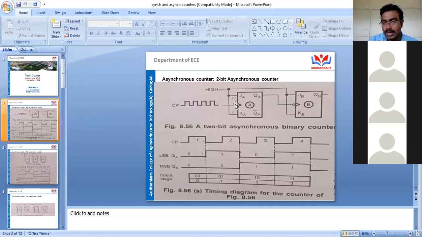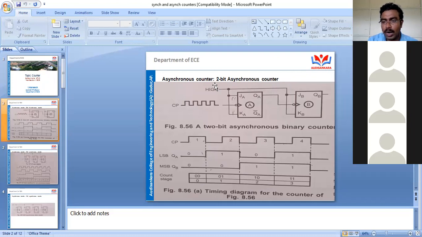And see, students, the main thing you should observe here is that they are using negative edge triggering. Since they are giving a bubble here, it means that they are using negative edge triggering. And you can see one more thing, both JA, KA and JB, KB inputs are connected to a high input.